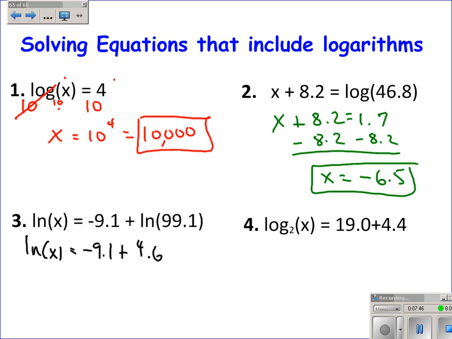Okay, now negative 9.1 plus 4.6, and I get the natural log of x is equal to negative 4.5. Now, again, what the natural log is, it's e to what power equals x. So I can simply think of that as x is e to the negative 4.5 power. If you want to think about raising both sides to the power of e, I'm not sure which way you've been taught to think. But x is e to the negative 4.5 power, and I get x is equal to 0.0111.